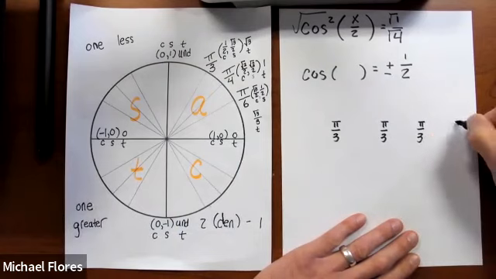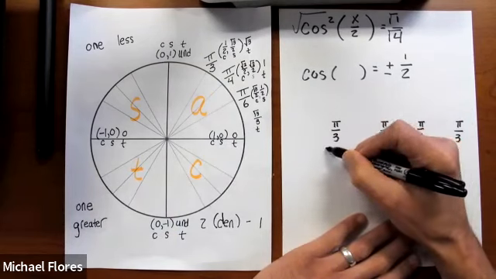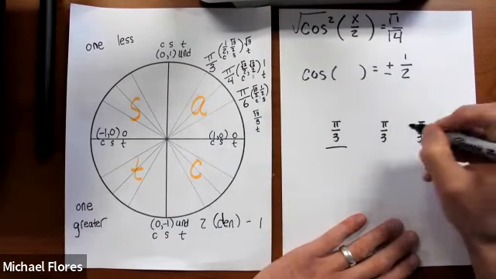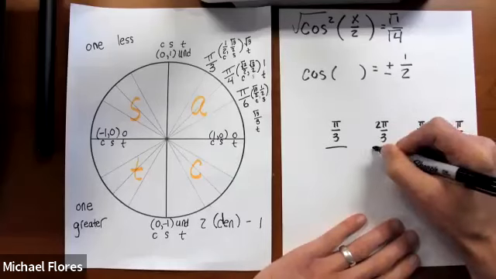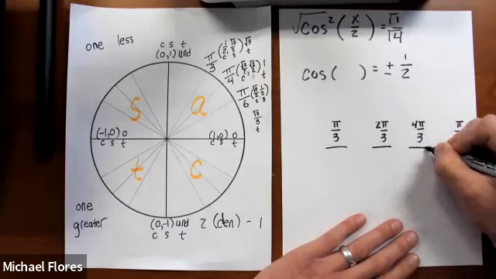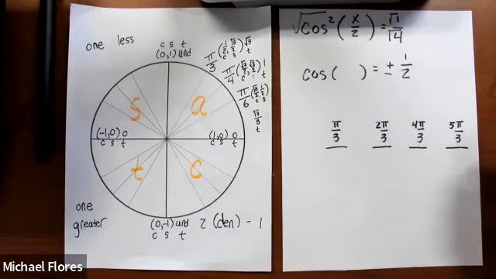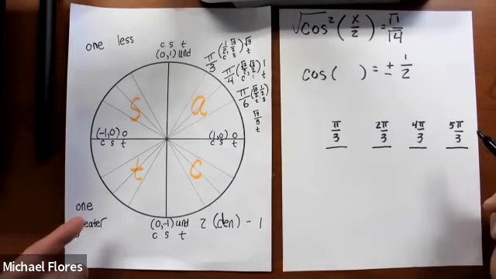I'm writing down 4 of them because, like I said, we're going to have 4 answers here. Quadrant 1, this is the answer. Quadrant 2, there's the answer. Quadrant 3 and quadrant 4.